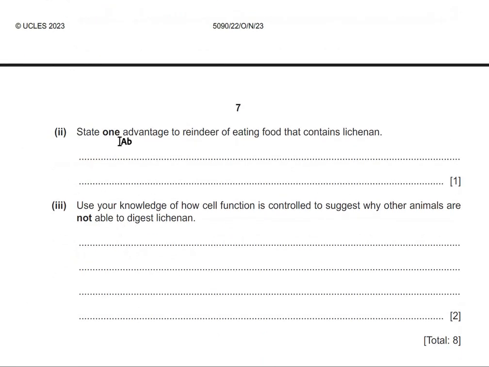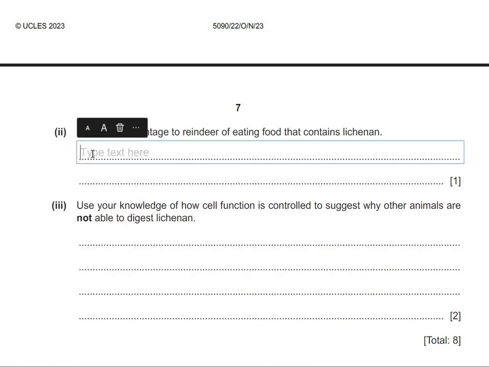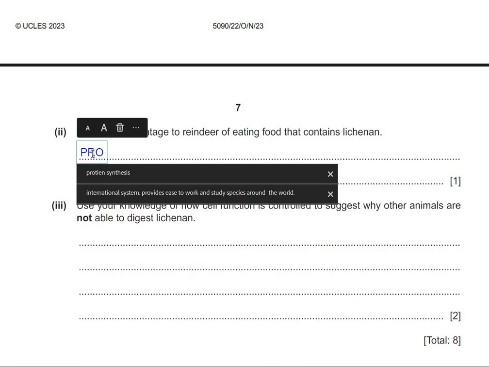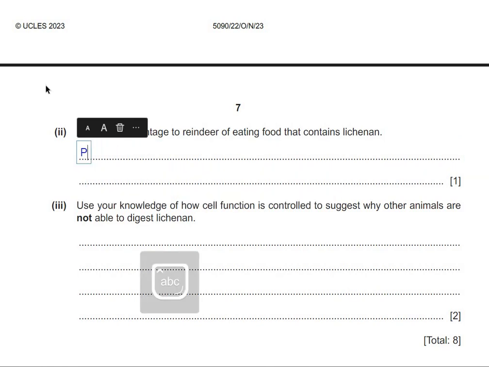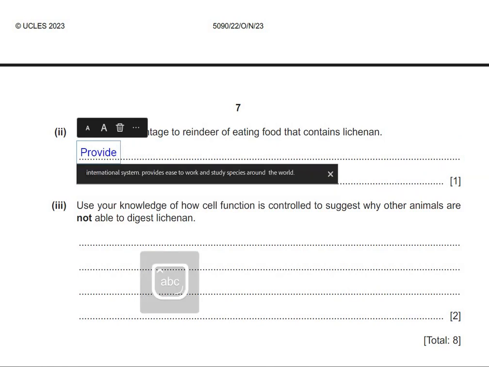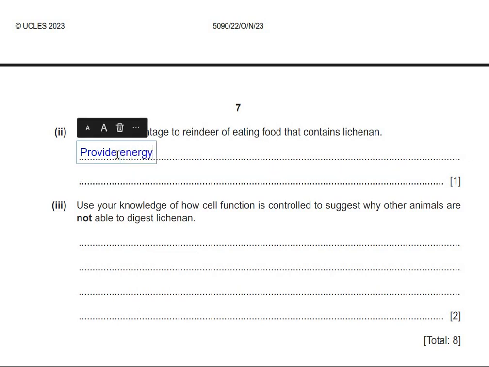Alright. So part 2 says there is one advantage to reindeer of eating food that contains it. What is the advantage to the reindeer of eating the food that has it? So obviously this is going to provide energy, and it can be converted to glycogen.